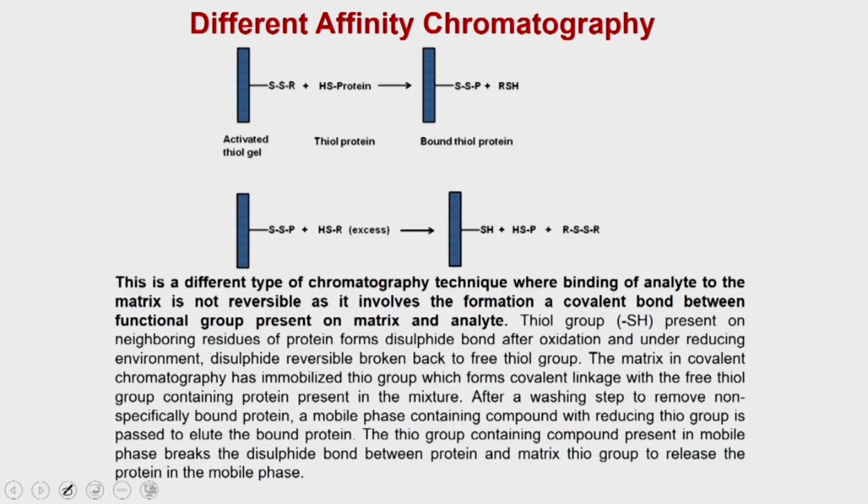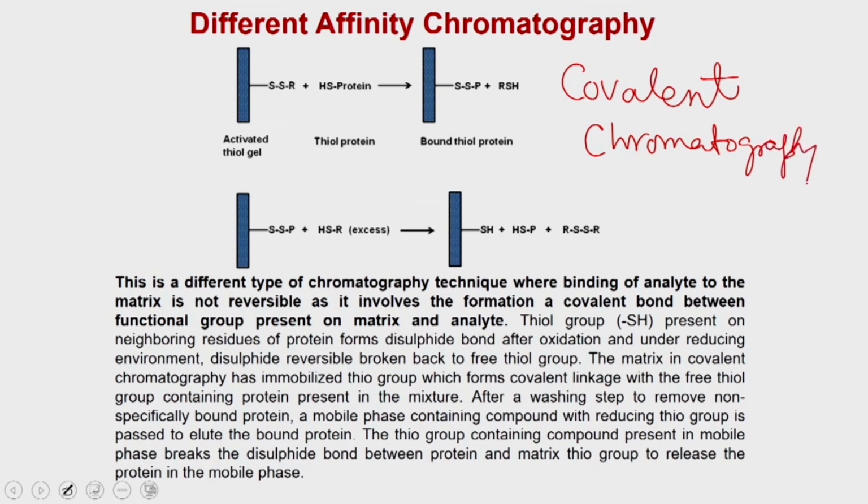Now, the third is covalent affinity chromatography. So, this is a different type of chromatography technique where binding of the analyte to the matrix is not reversible, and it involves the formation of a covalent bond between the functional group present on the matrix and the analyte.